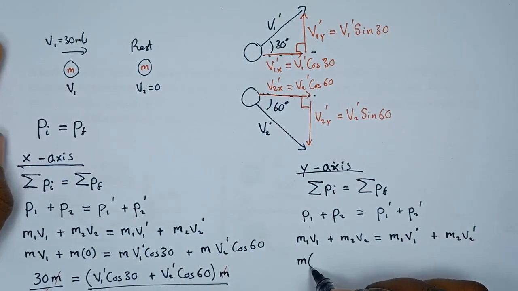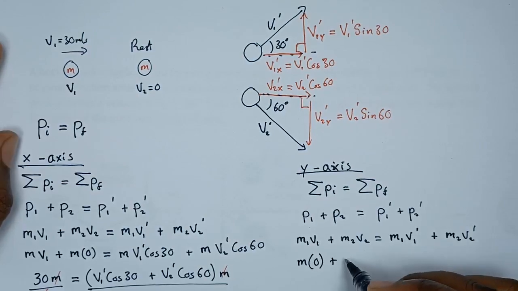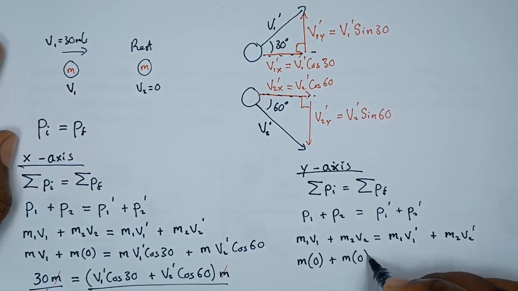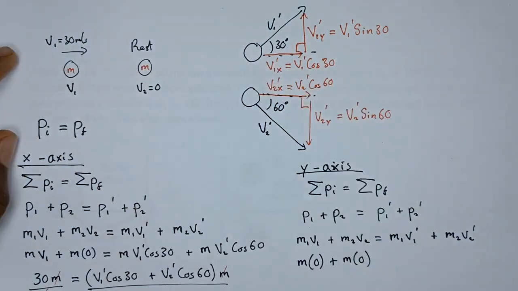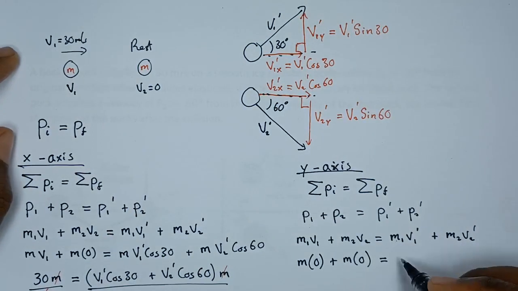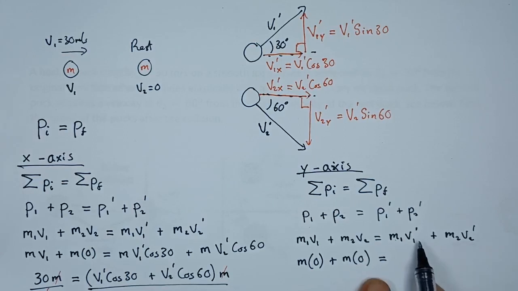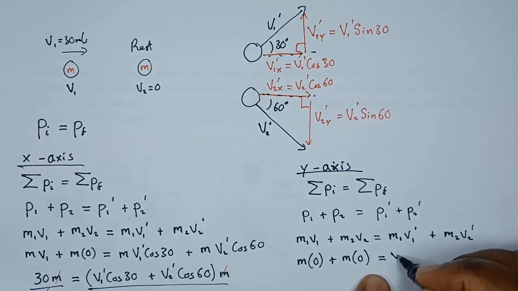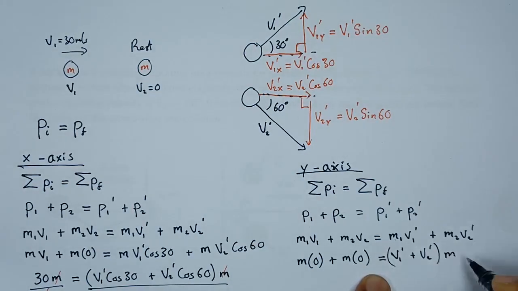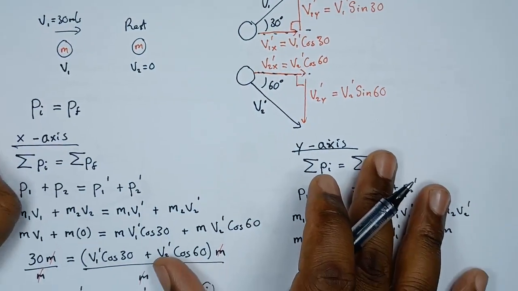So m times 0 plus m times 0, because the object was moving in the x direction. Now this is equal to, again, mass is common, just like we did on this side. Remember, it's an identical mass. Hence, we can factor it out. So if we factor out mass, what we'll have will be v1 prime plus v2 prime. Then we factor out mass like that. Okay, let's pick it up from there.